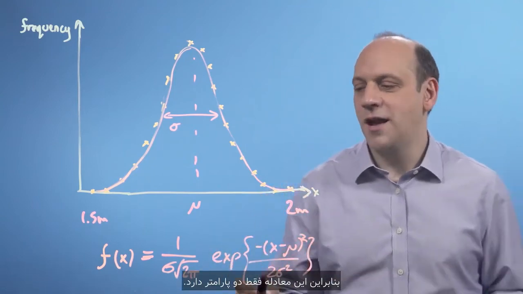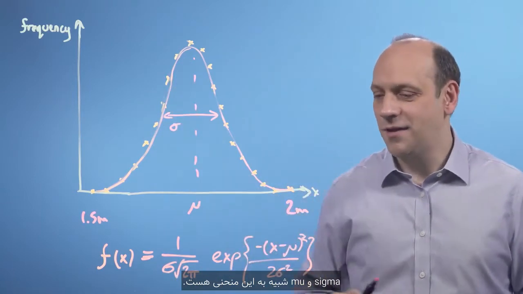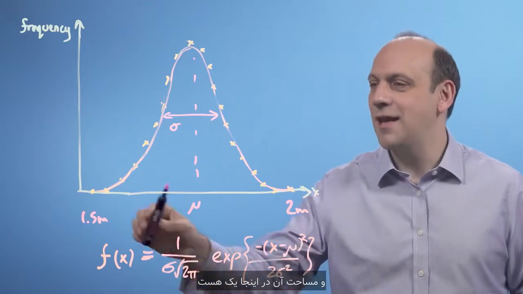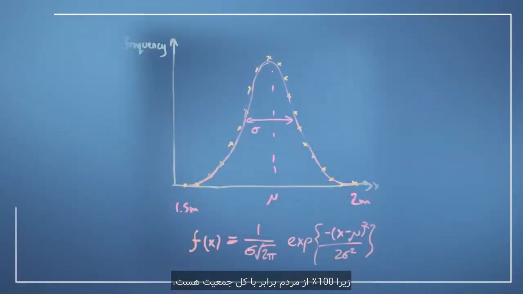So this equation only has two parameters, sigma and mu, and it looks like this. And it has an area of 1 because there's only 100% of people in the population as a whole.